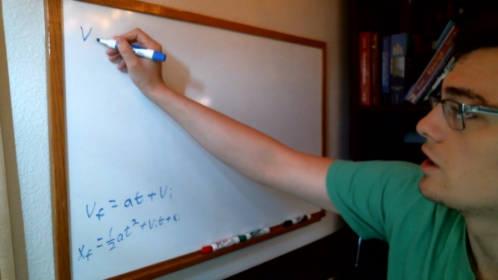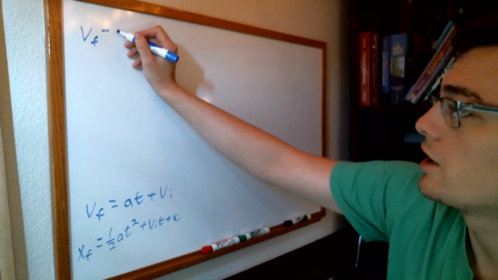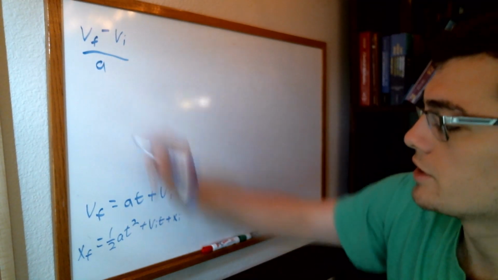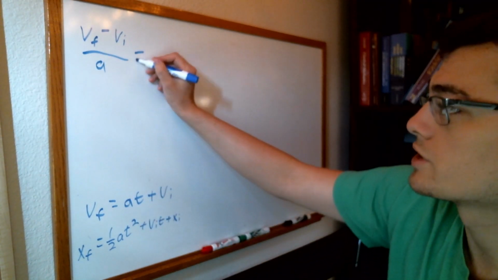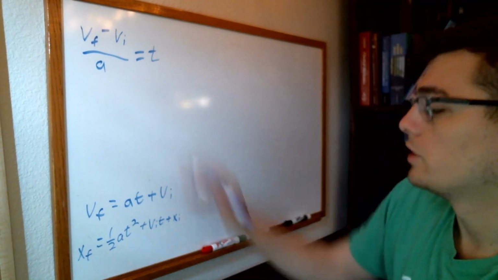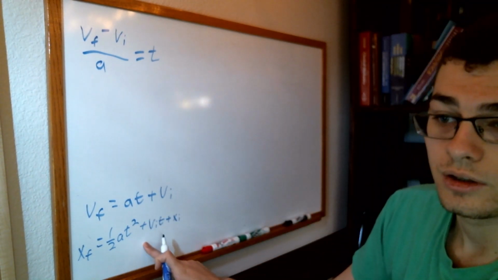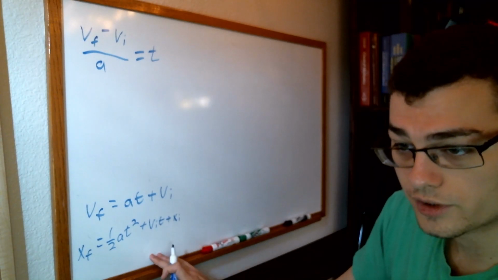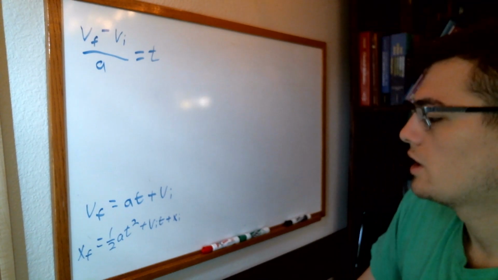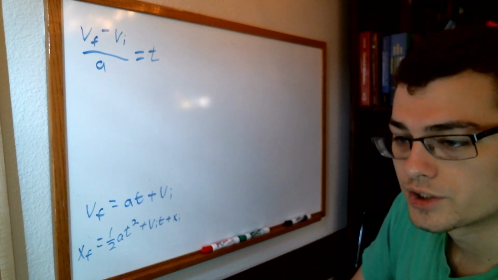So we're going to have vf minus vi all over a, because we're going to then divide a to the other side, and we're just going to have t left over. So then next we're going to plug t into this equation here, and then we're going to solve this for vf. And then we're going to have another useful relationship.